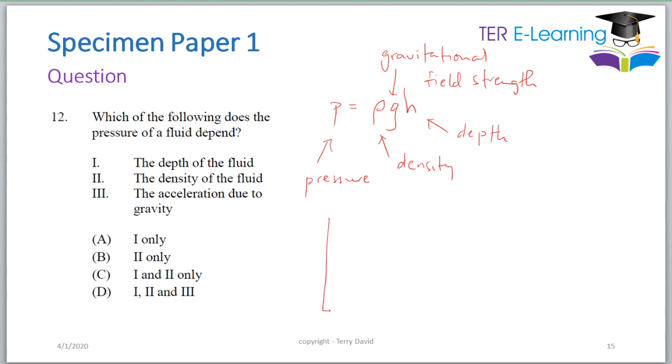So if you have a container that has a liquid, and you want to know the pressure at this point here, I need to know the density of the liquid. I need to know what g is, which we'll assume to be 10, and we need to know the depth. The depth of the liquid here is this. This is my depth.